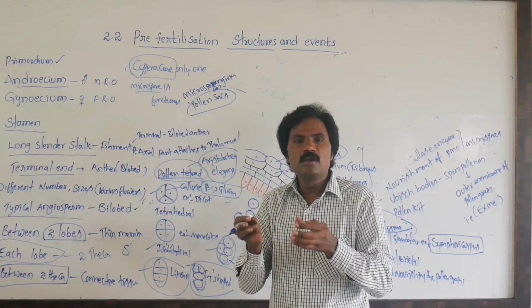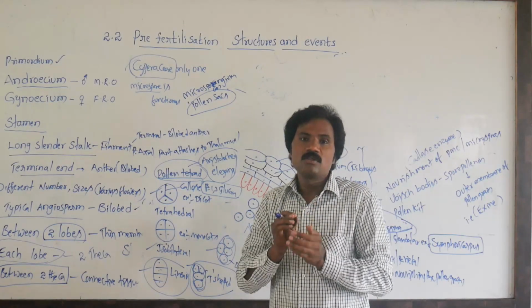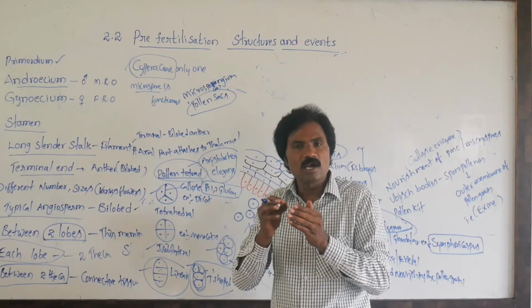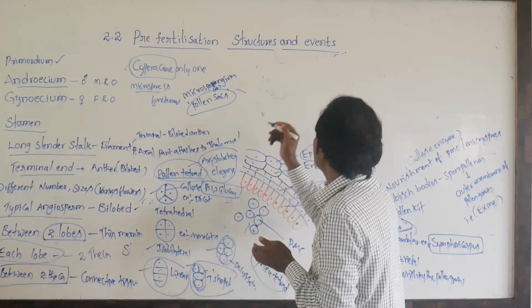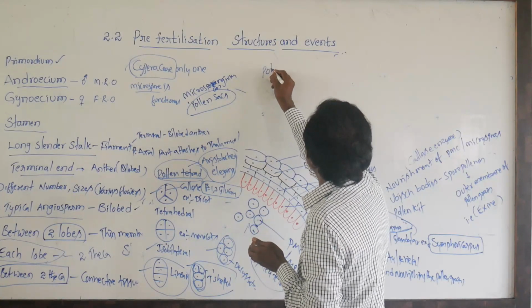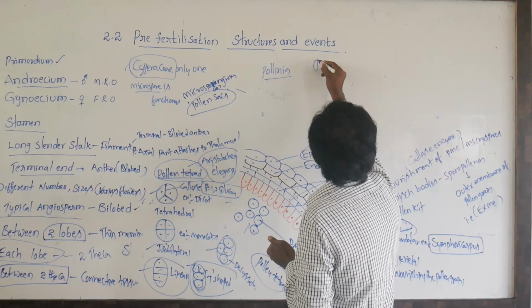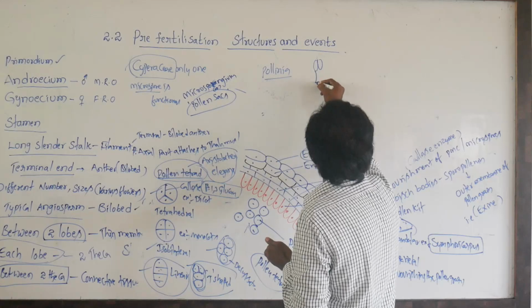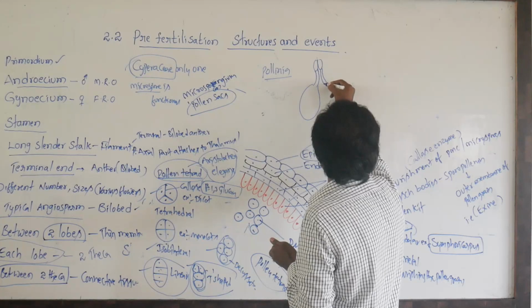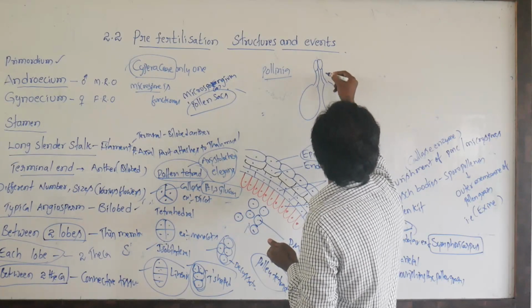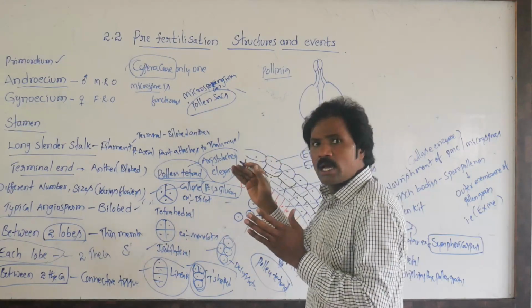The microsporangia are filled with the pollen grains, that is microspores only. The collective presence of pollen grains, microspores, inside the microsporangium, we call Pollinia.